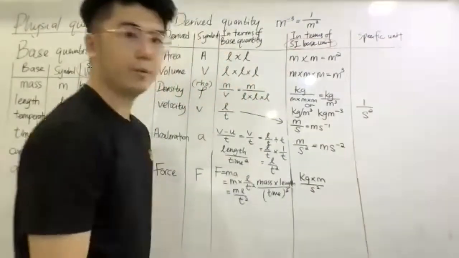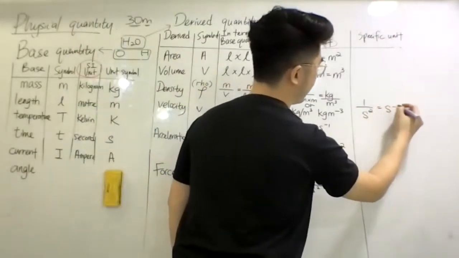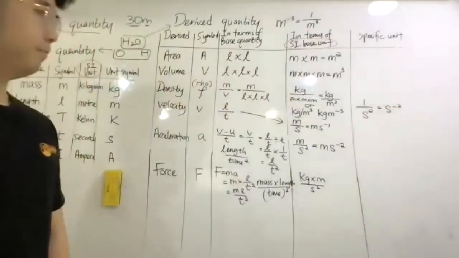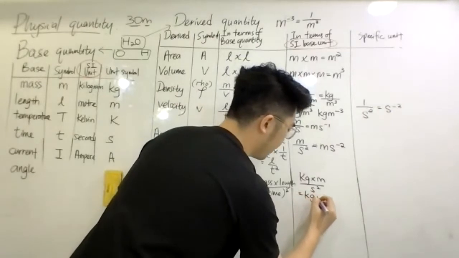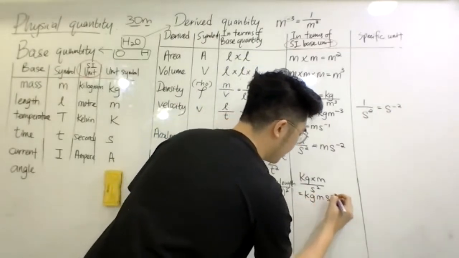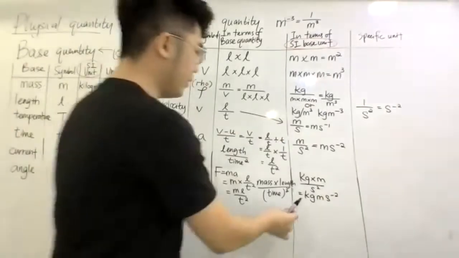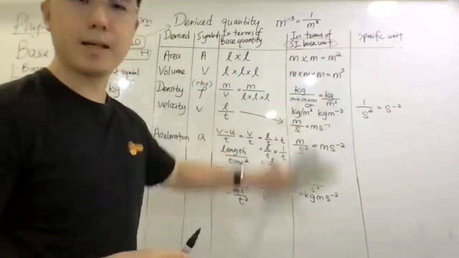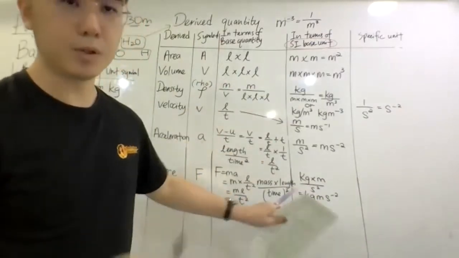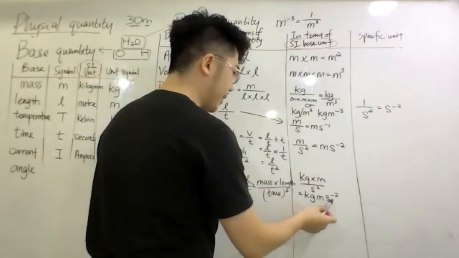Slash s squared is one over s squared, right? So I change it to s to the power of minus 2, which means this becomes kg m s minus 2. This one is more famous than the rest. Sometimes they will ask this. Most of the time, the force unit is kg m s minus 2.